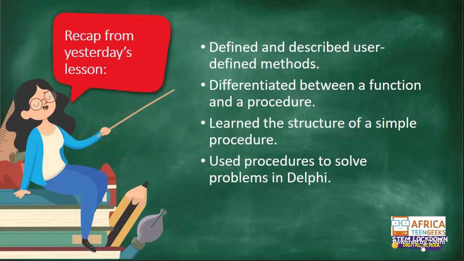Then we learned the structure of a simple procedure without a parameter, where we declared it in the private section yesterday, as well as the definition in the body of your code. We used procedures to solve problems in Delphi. We then opened Delphi and implemented one such procedure.